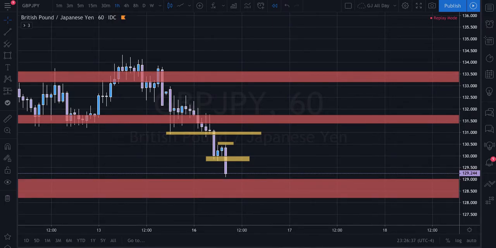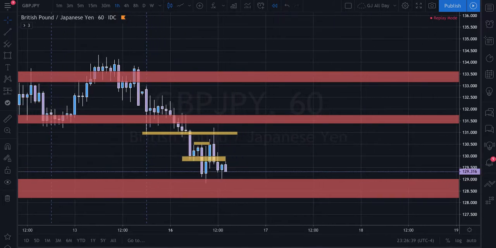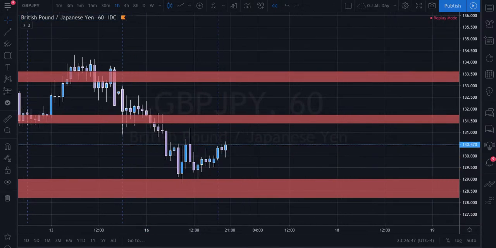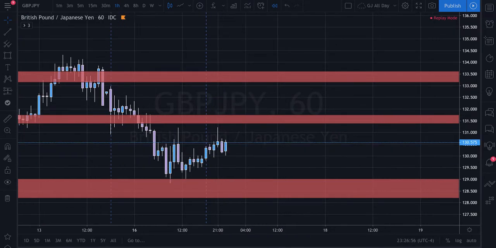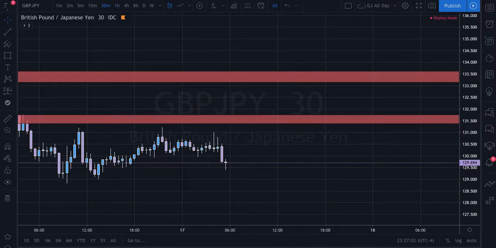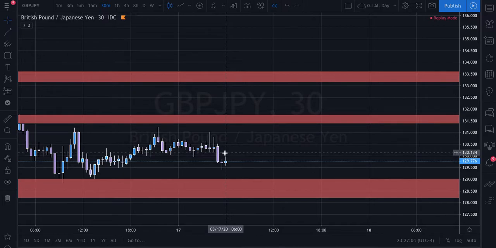Now, let's go to the next day. Delete these small time frames. As you can see, we did hit this range and reverse. Let's see if we get to the next day. 5 o'clock. 6 o'clock.